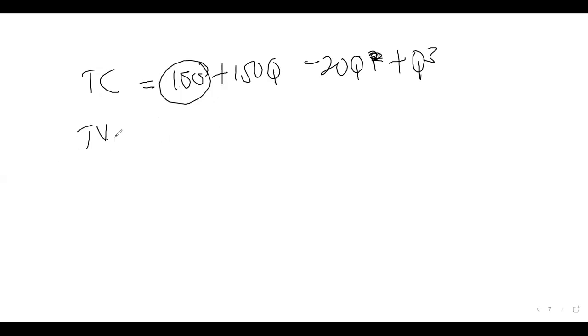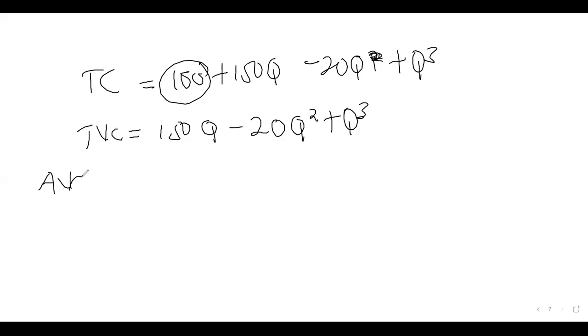That means that the total variable cost is the other part, which is 150Q minus 20Q squared plus Q cubed. All right. Now it means that the average variable cost will be the total variable cost divided by quantity.